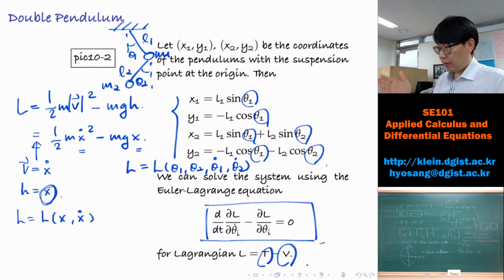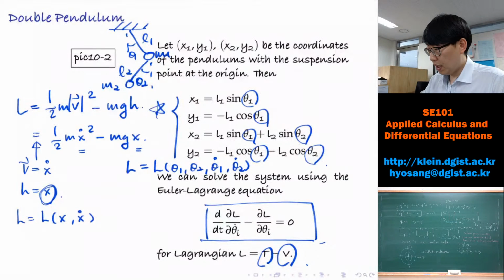Theta 1 is the angle between the vertical line and the first pendulum, and theta 2 is the angle between the vertical line and the second pendulum. When you know theta 1 and theta 2, you can fully determine the x and y coordinates of m1 and m2. And here's the formula. It's a very simple formula, but I'm taking the pivot as 0, 0. So my y1 is negative L1 cosine theta 1, and so on.